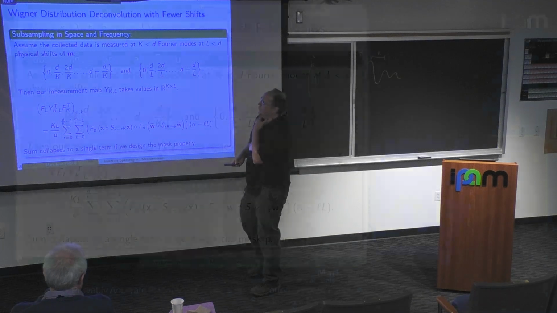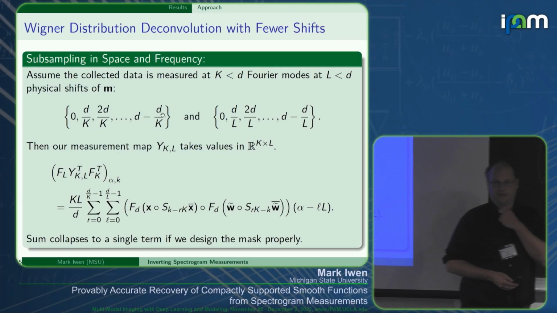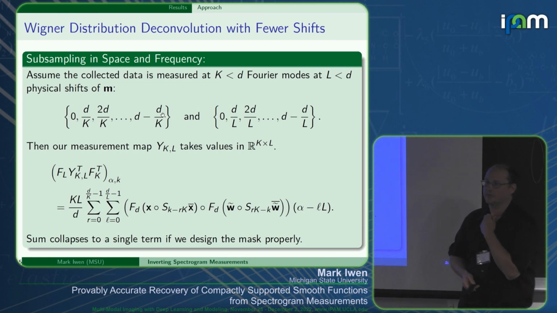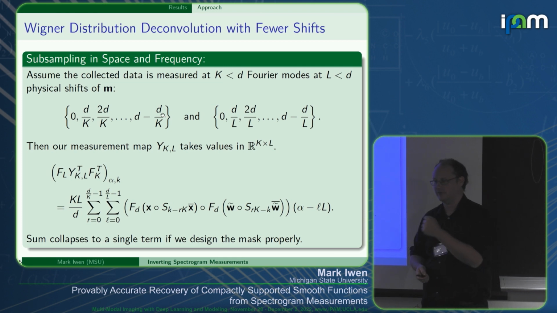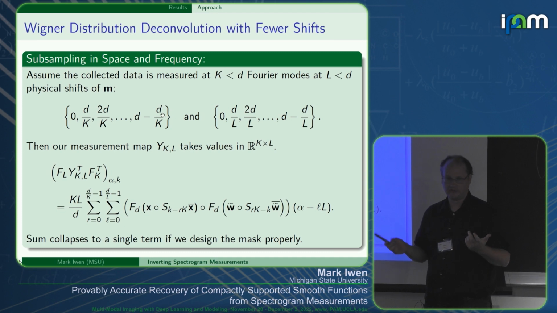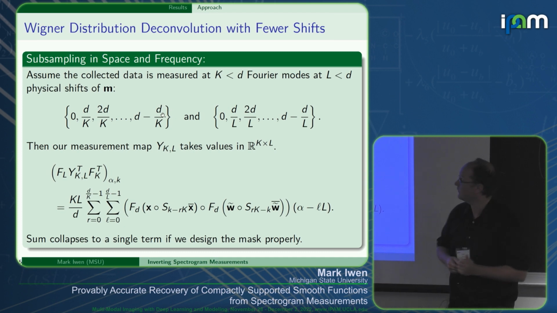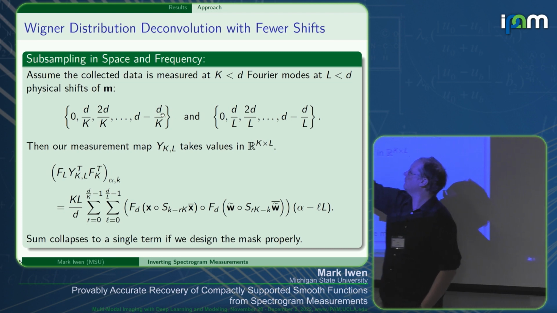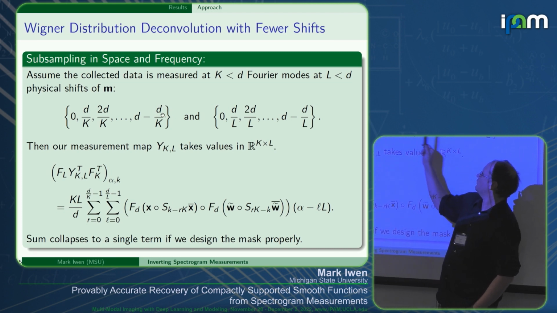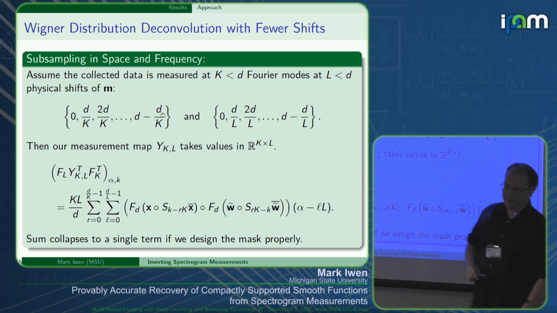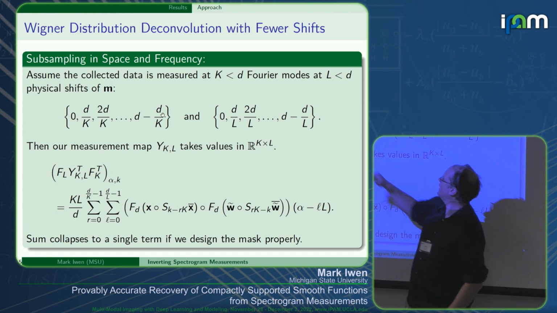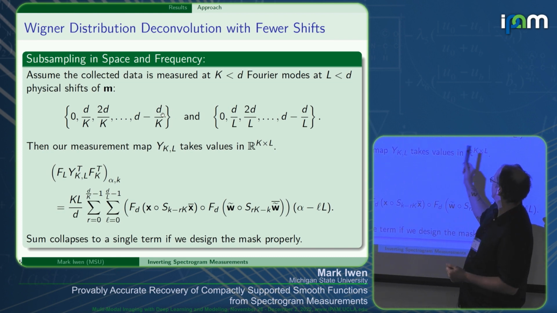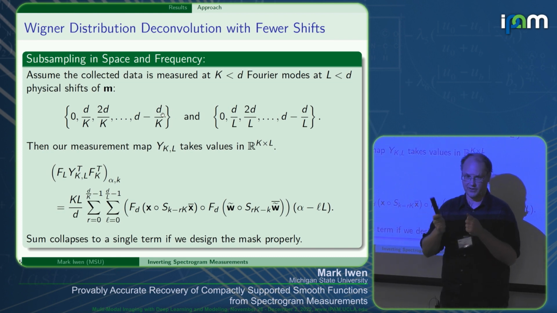So what happens if you don't want to take all possible shifts or all possible frequencies? Because generally you don't. Every shift is an imaging process and takes time, and you generally want to take fewer shifts. So what happens then? If you subsample the frequencies, taking equally spaced subsamples of frequencies and shifts, so now we have k frequencies and L shifts, we can form a little k by L matrix of measurements in the exact same way we did before.